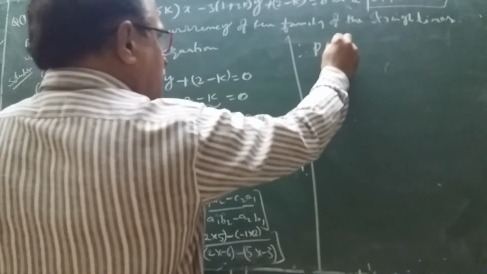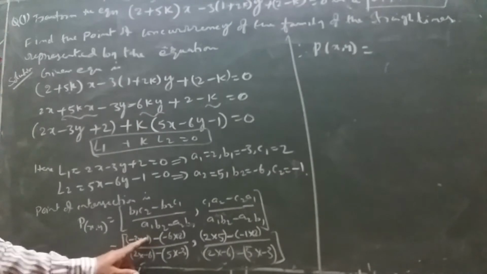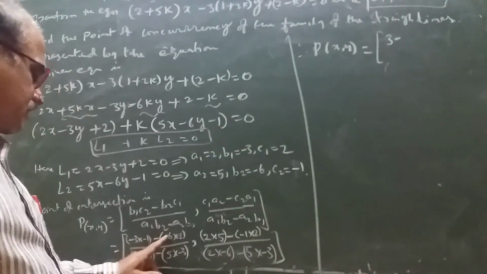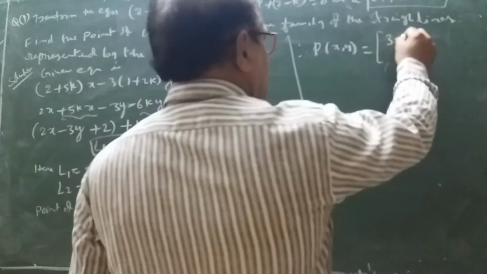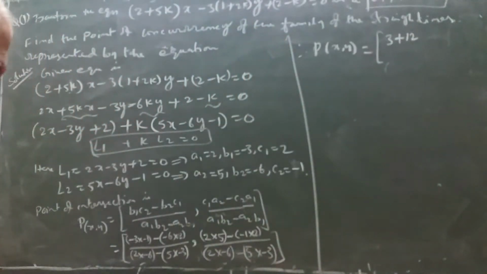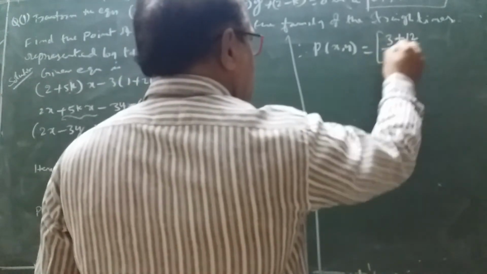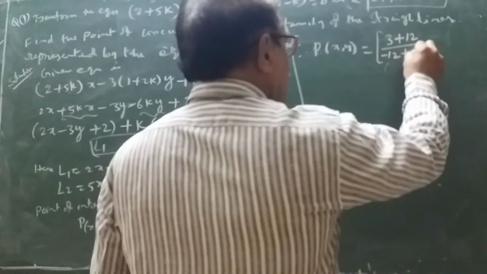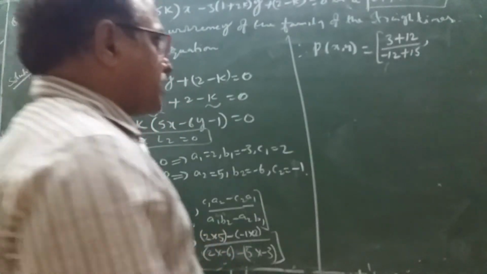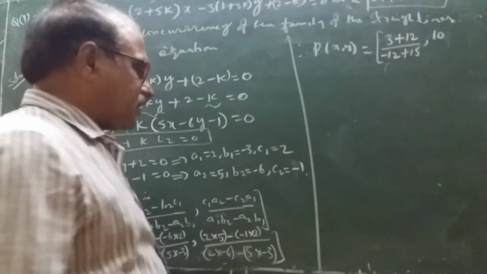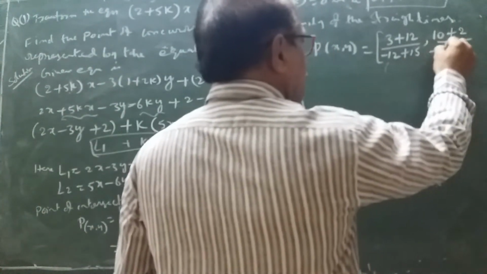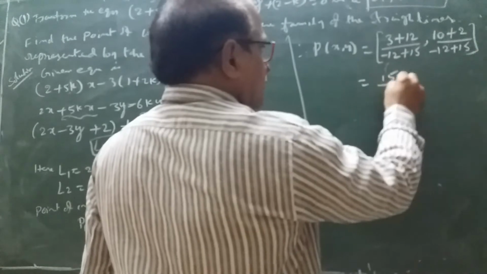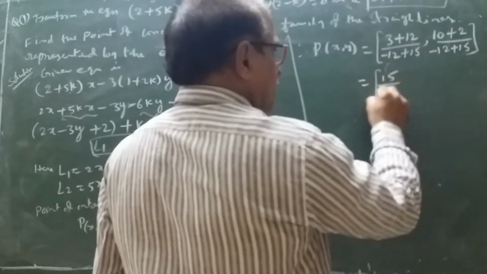Therefore, P(x, y) is equal to, on simplification, minus into minus plus, 3 plus 12, 15, by 2 into minus 6 that is minus 12, minus of minus plus 15, that is 3. Similarly, the y coordinate: 2 fives are 10, minus into minus plus 2 ones are 2, 12 by minus 12 plus 15, that is 3.